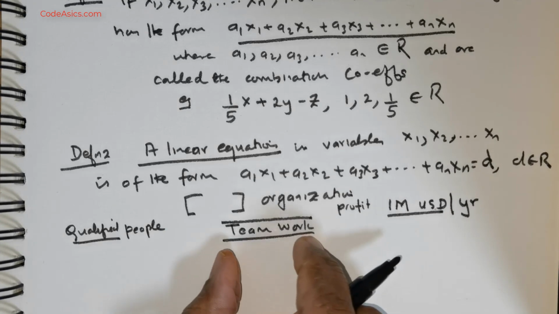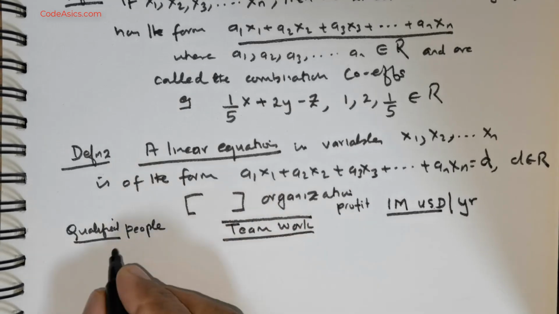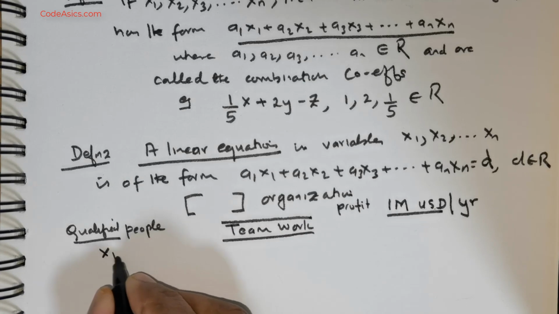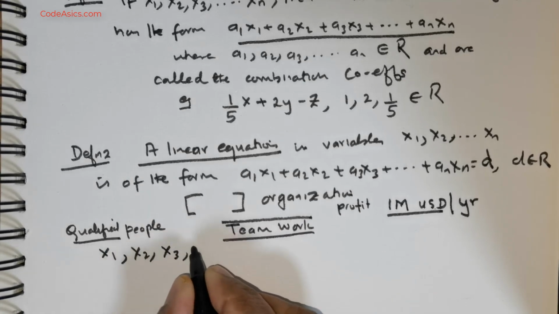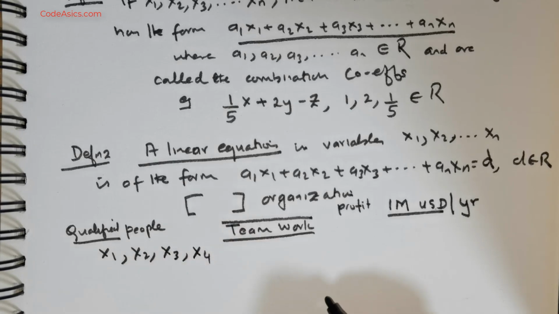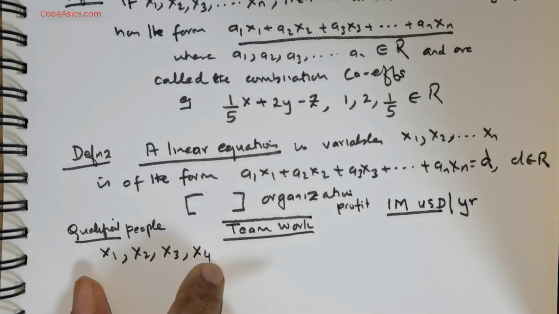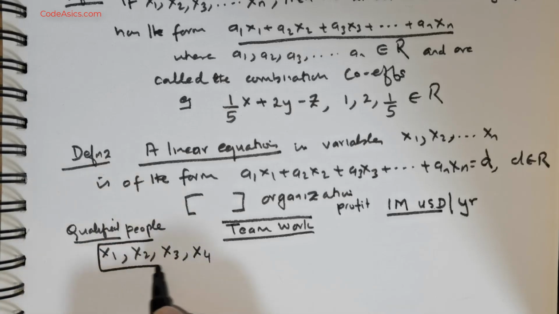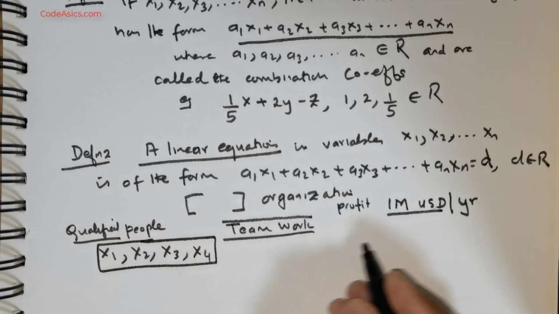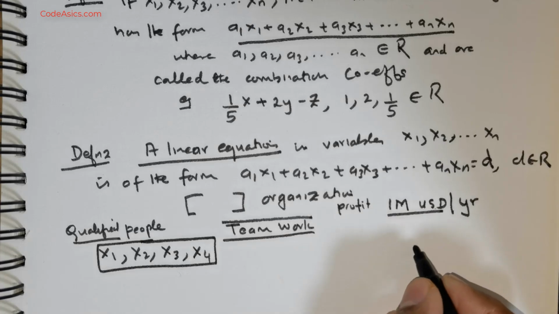Now, what will the company do? The company has professional X1, professional X2, professional X3, professional X4. Okay? So, the company has to utilize these professionals to achieve 1 million USD. So, this is the target.